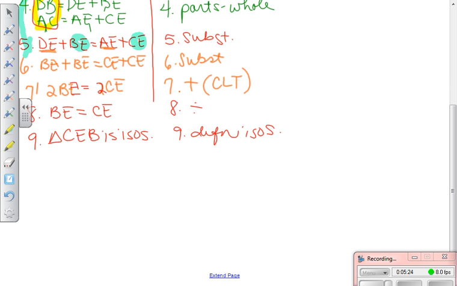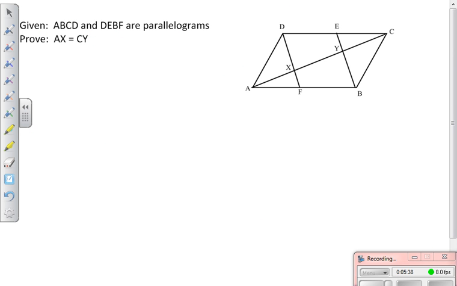And that's all there is to it. So nothing crazy, just a little bit of work to prove that what you felt in your gut was indeed true. Now the next one in this lesson is a little bit more complicated, at least initially. So we are trying to prove AX and CY.